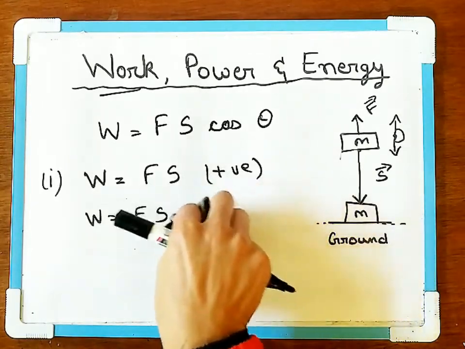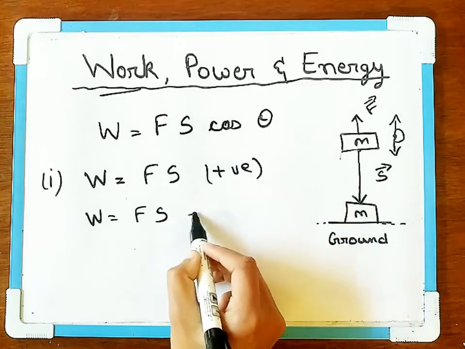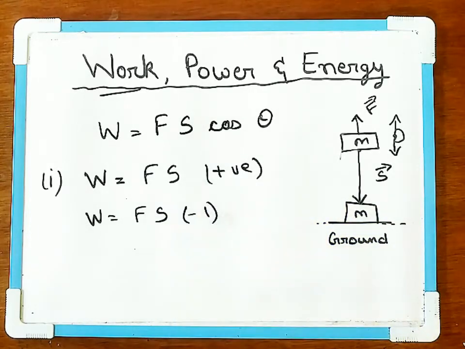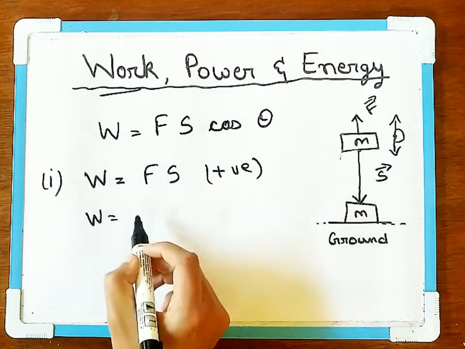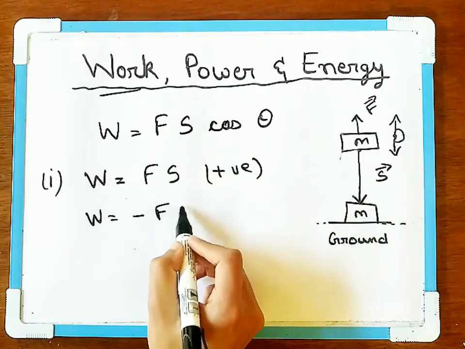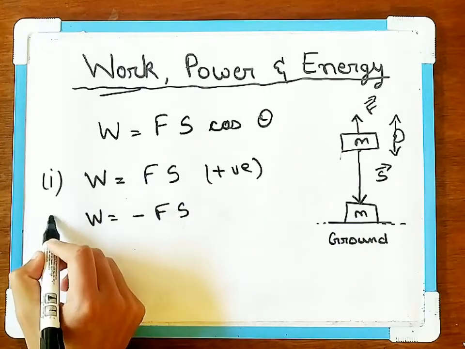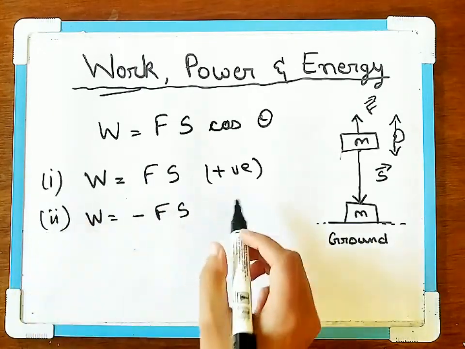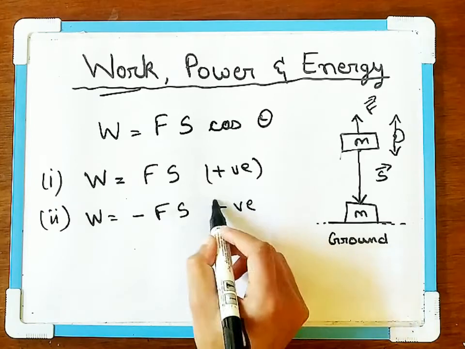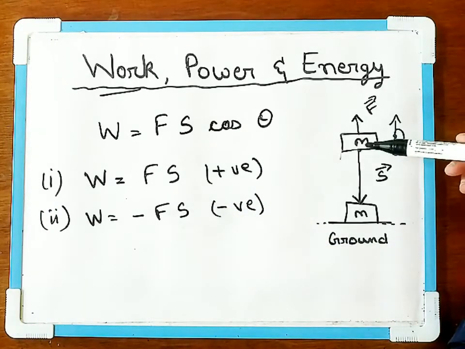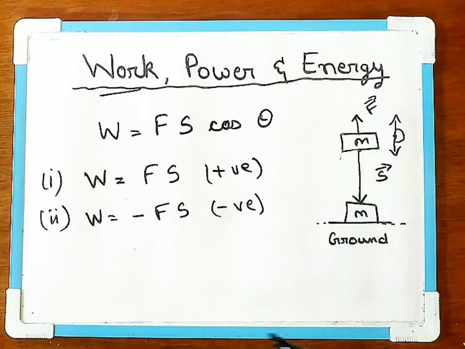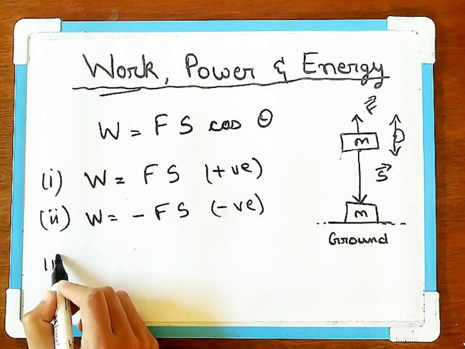So we have minus F into S. So in the second case, the work done is negative. So when the force is in the upward direction and the displacement is in the downward direction, then the work done is negative.